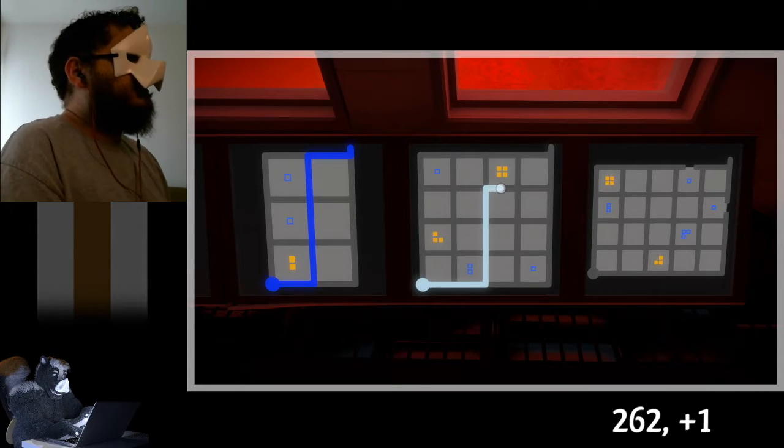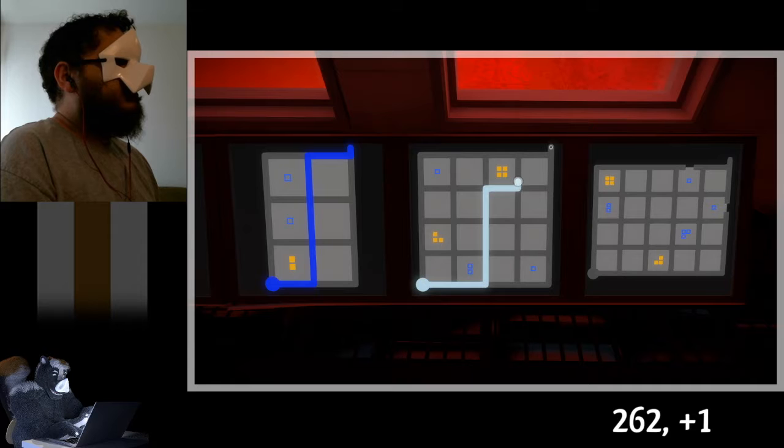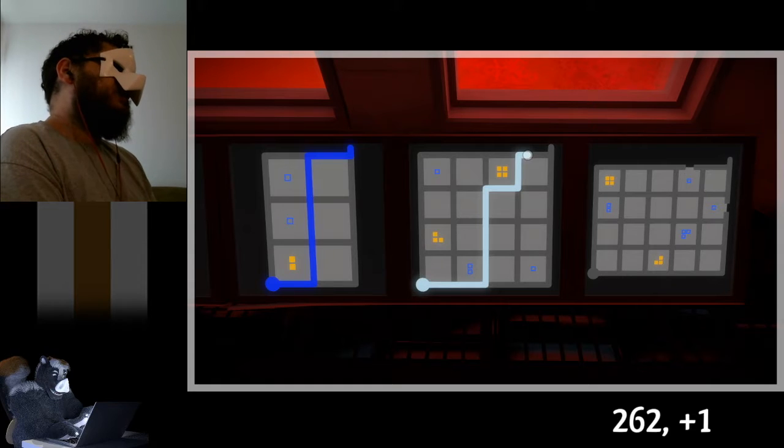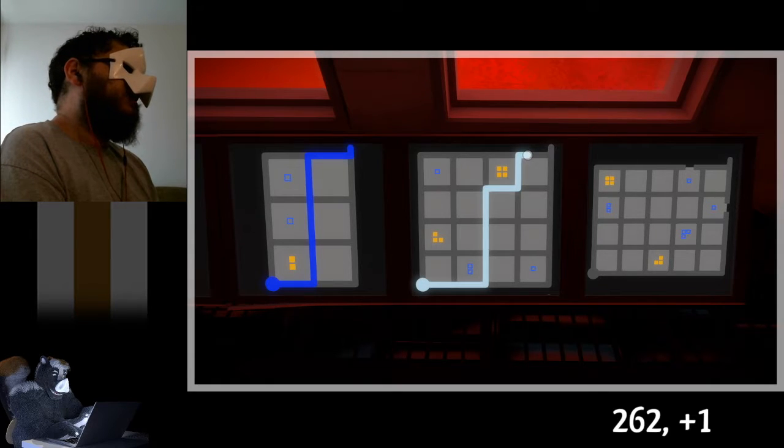All right. Square 4 and a corner block and forgiveness of 4.